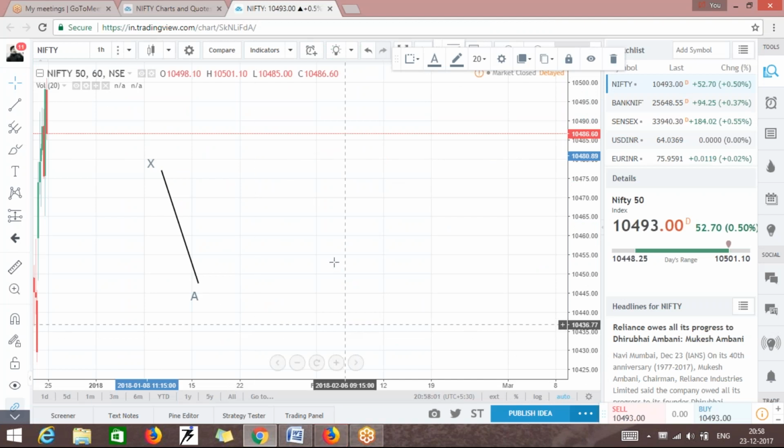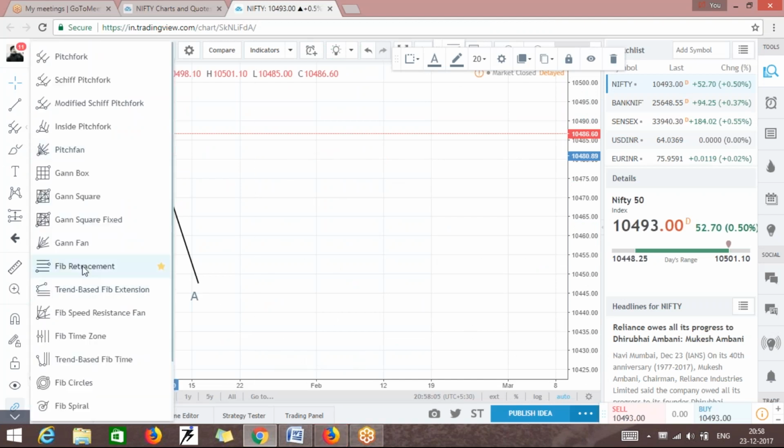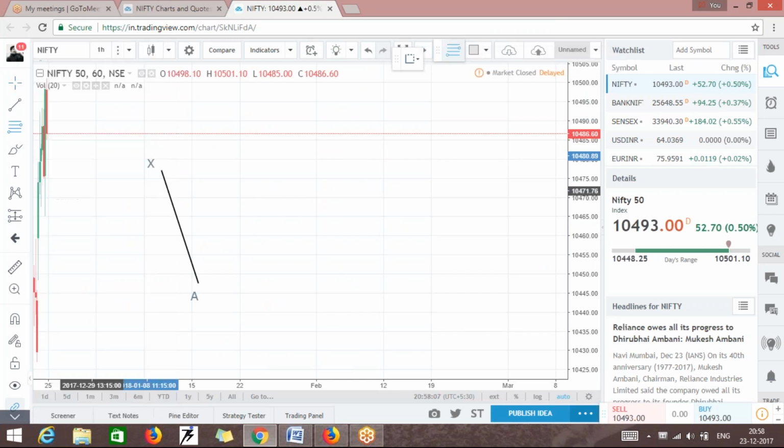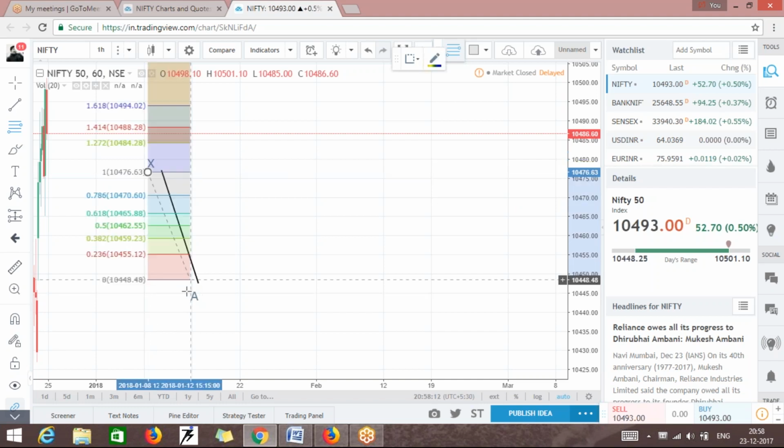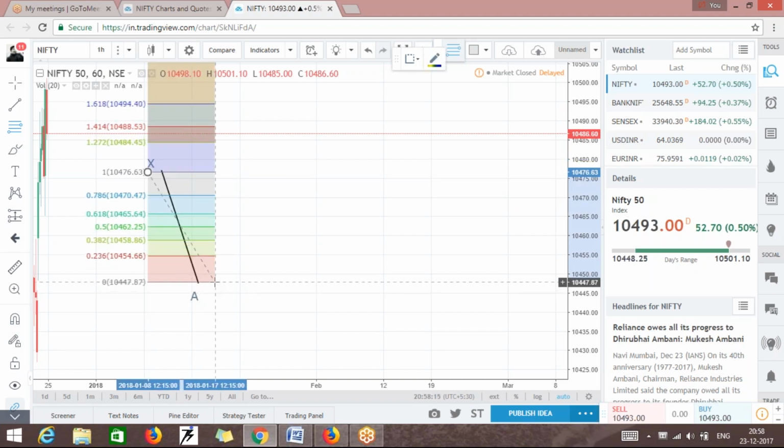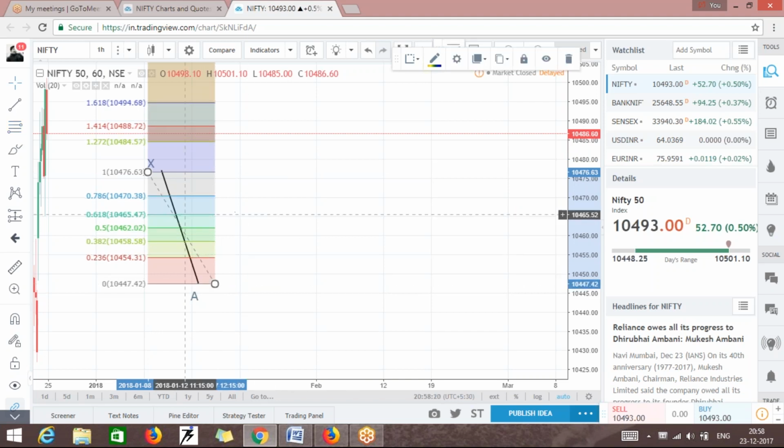So here we will go for Fibonacci. Here there is Fibonacci retracement. We are looking into a range at this level. Please focus on the cursor, that is 0.618.